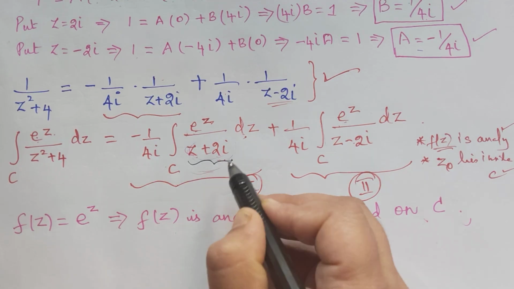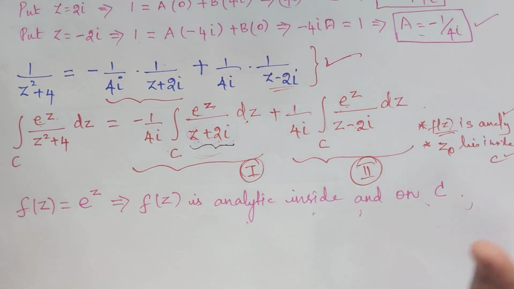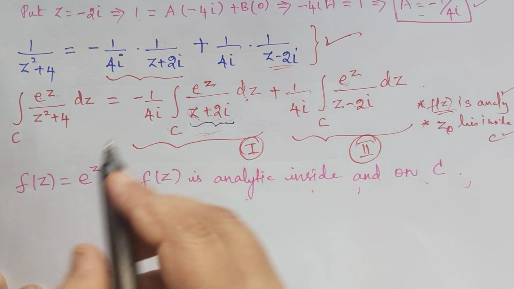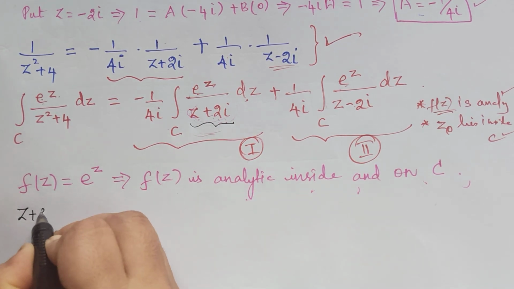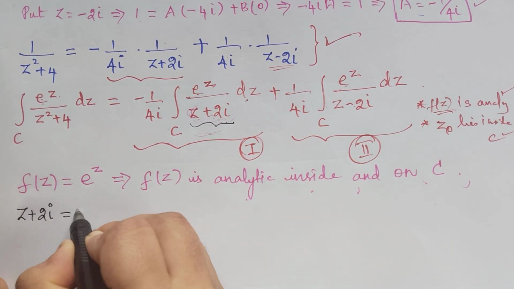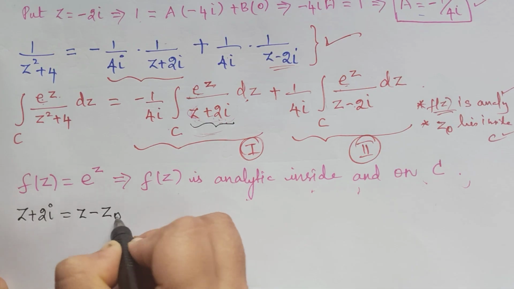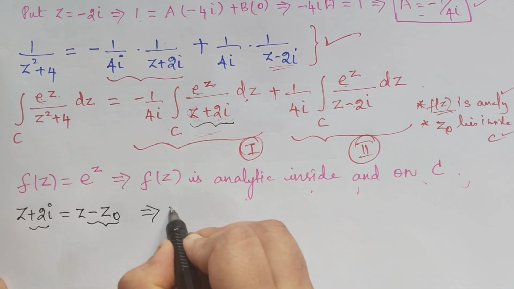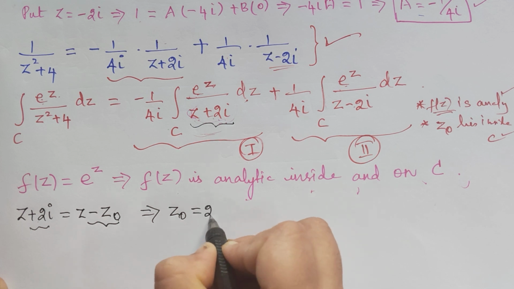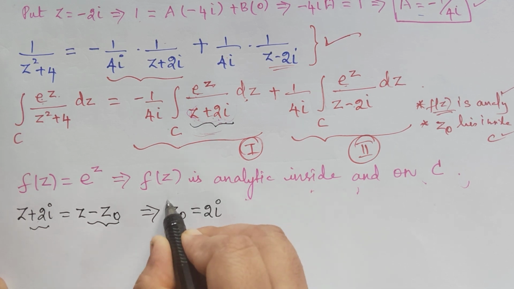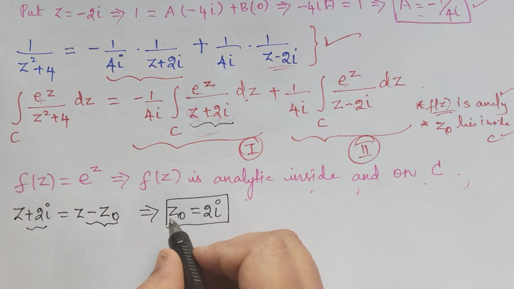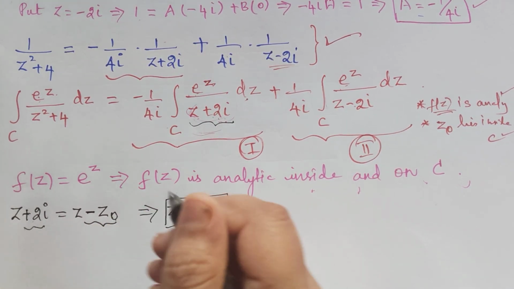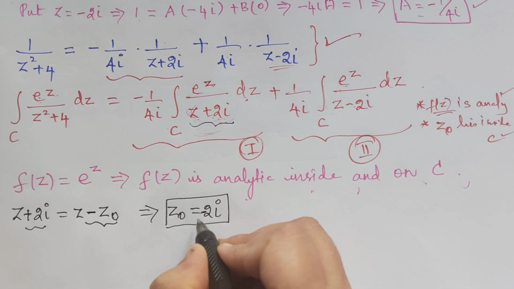If we take this integral, we see that we have z plus 2i. So z plus 2i is equal to z minus z naught. On comparing both the sides, we get z naught to be equal to 2i. Actually, we have a negative sign here and a positive sign here, so we see that z naught is minus 2i in this case.